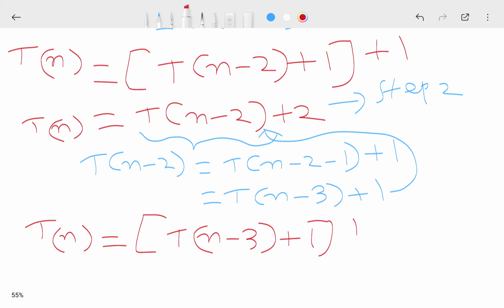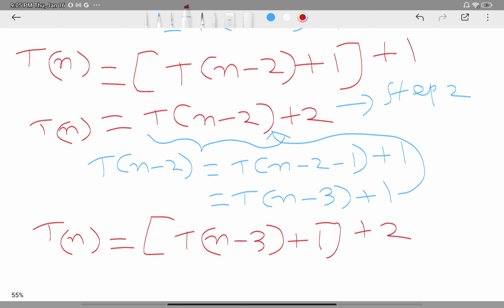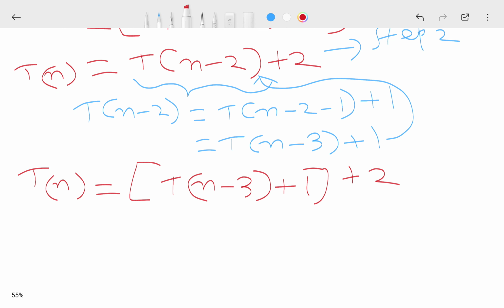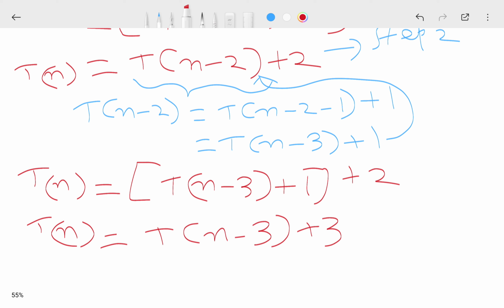And there is again, in step 2, there is plus 2. So now T(n) equals T(n-3) + 3. So take this as step 3.